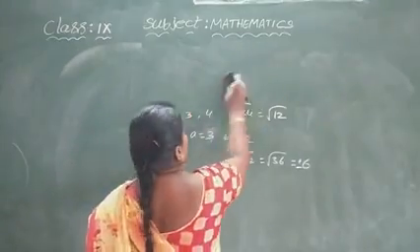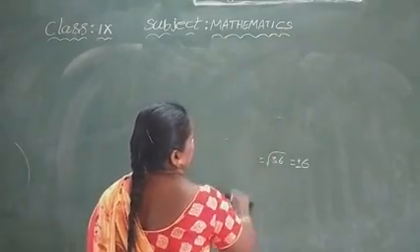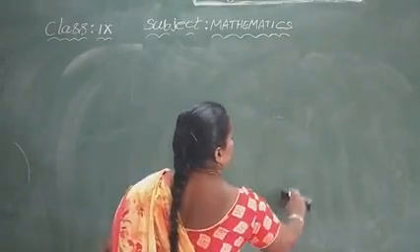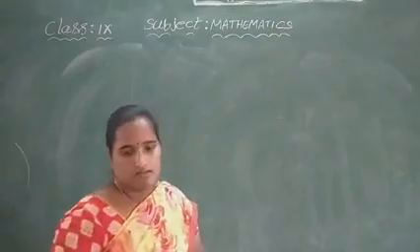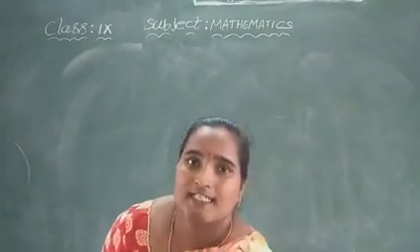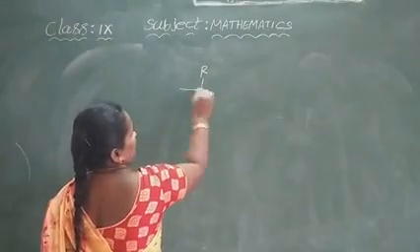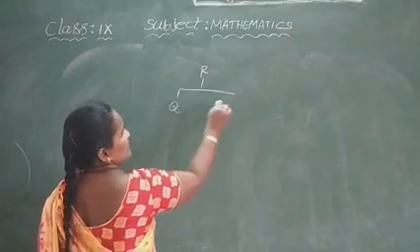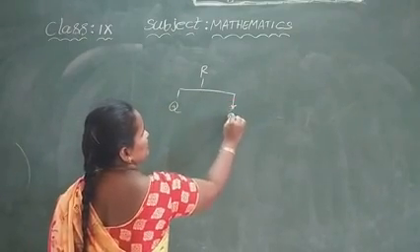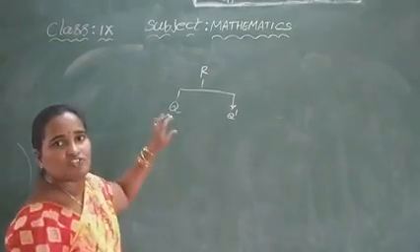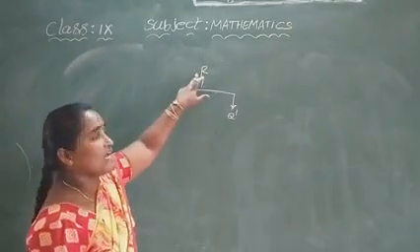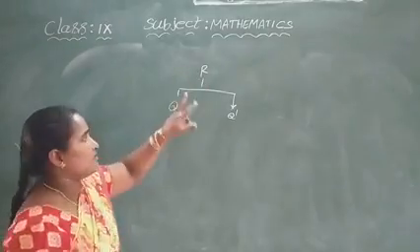Let us next take real numbers. Real numbers means the tree diagram of real numbers: rational numbers and irrational numbers, the union of rational and irrational numbers.